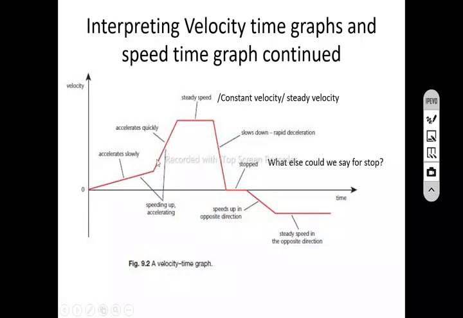All of this is acceleration, but you need to appreciate the differences: accelerating slowly or very quickly. Then by the time you reach the top you get steady speed, otherwise called constant velocity, which means zero acceleration. Are you clear?